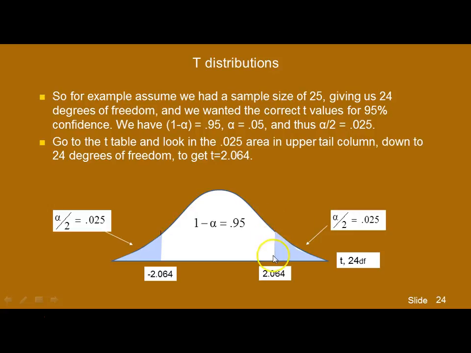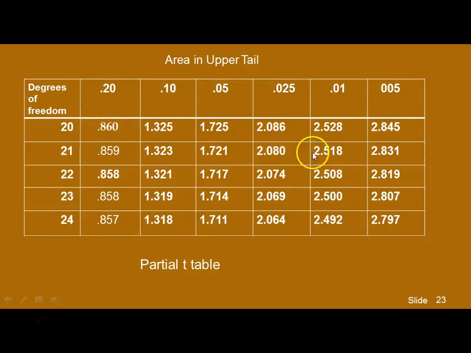So we need to find the two t-values that leave 0.95 in the middle and 0.025 in each end. So we would go to the column in the t-table labeled 0.025, area in upper tail is 0.025, go down to 24 degrees of freedom, n-1, and you will find the t-value here to be 2.064.